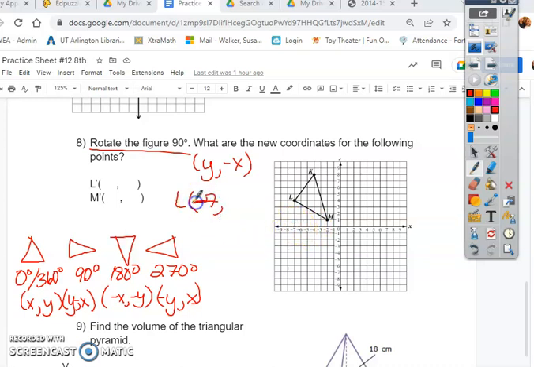Doesn't look like 7 negative, but you know it's negative 7. 1, 2, 3, 4, 4 up. Now, do you remember how we crisscross? So it'll be 4, negative 7. Then I come back to my rule. I change that sign. So it's 4, 7. Hopefully, you're experts at this. Now, you do M. Find M.